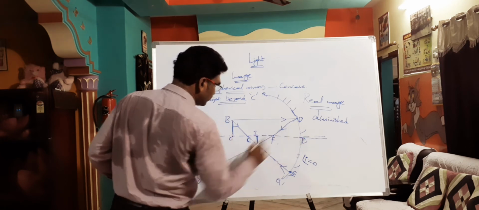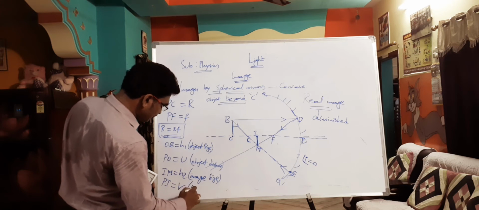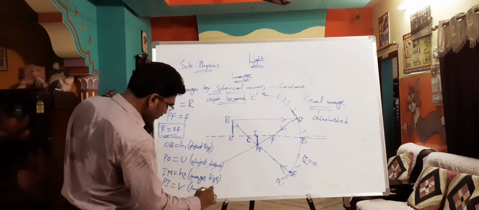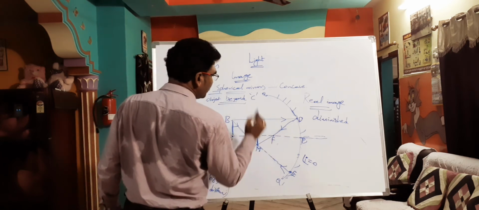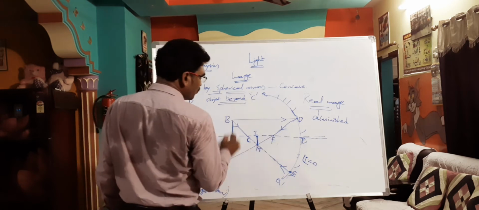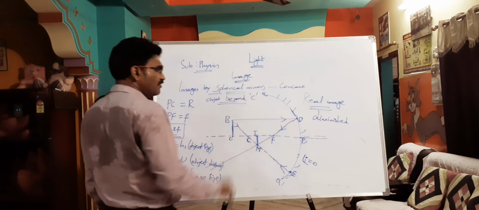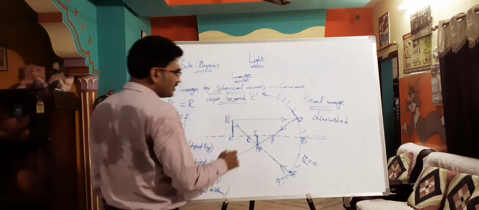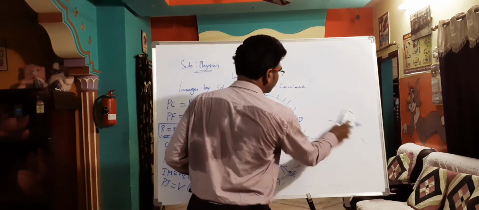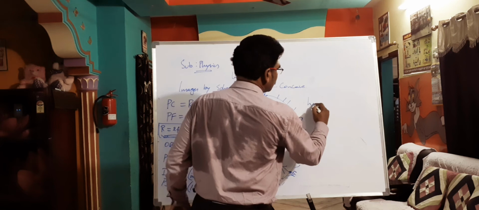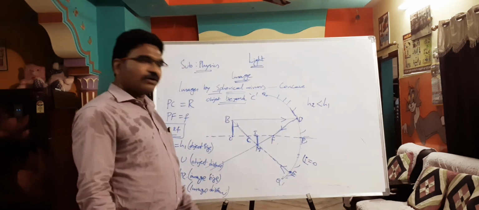PI is V, the image distance. So PI is the image distance, PO the object distance, OB the object size, IM the image size, denoted by H2. Here H2 is less than H1, so the image size is less than the object size.